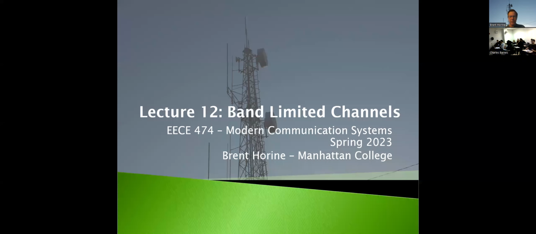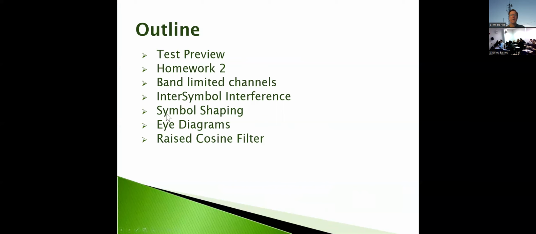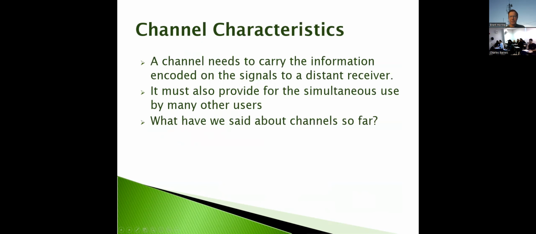We'll just get started on band-limited channels then. We got through test preview and homework 2, and we'll just give you a taste of the channel characteristics here. The channel needs to carry the information encoded on the signals to a distant receiver, right? That's its purpose. It must also provide for the simultaneous use by many other users.